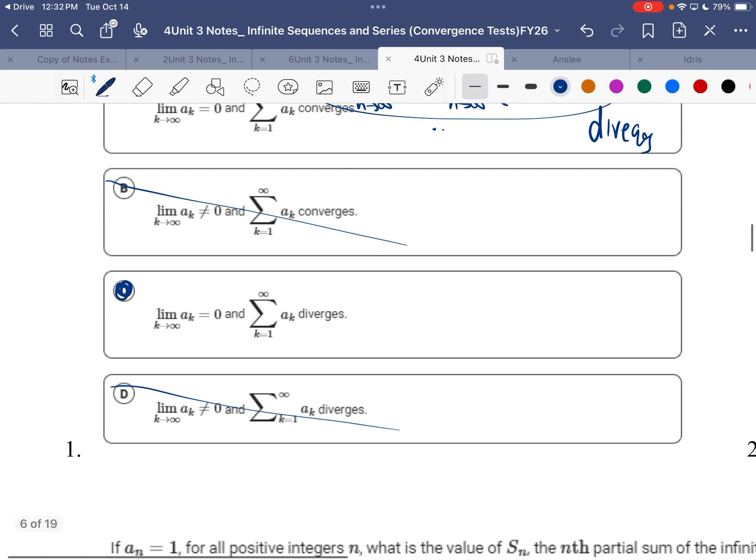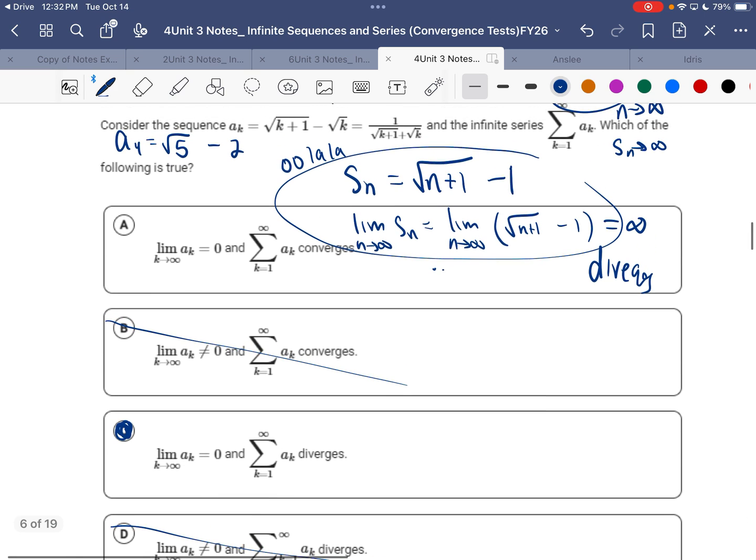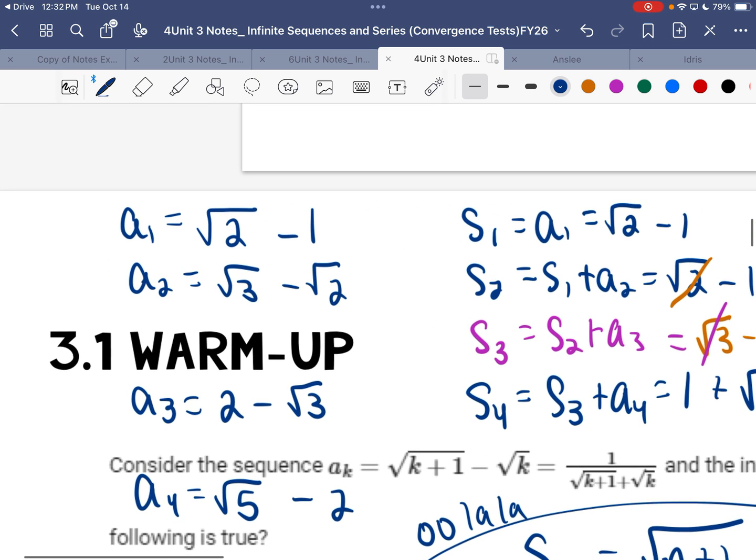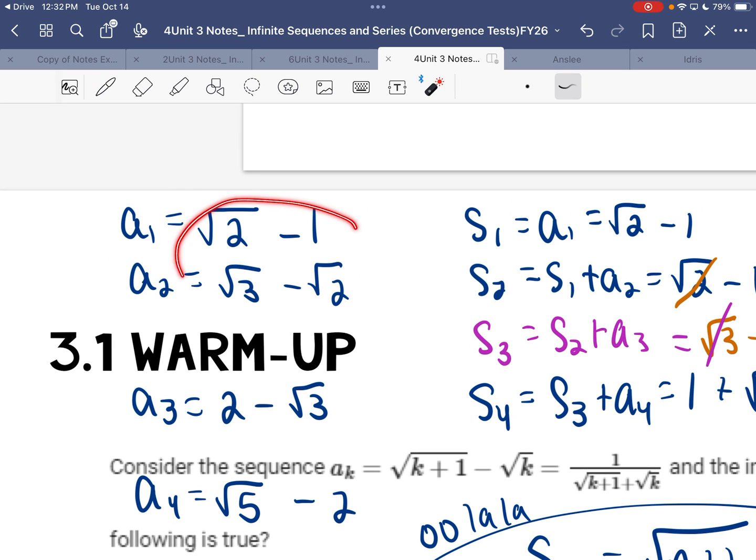Yes, Noah. I'm dealing with that, like the limit as k goes to infinity of a_k equals 0 or does not equal 0, like that part. Okay, so that part, it was harder to tell, I think, with these numbers, but even just with these numbers, you can sort of tell.